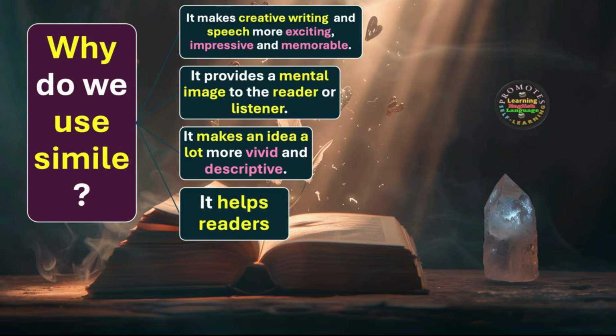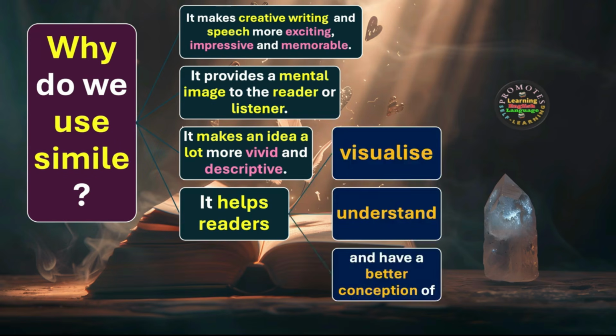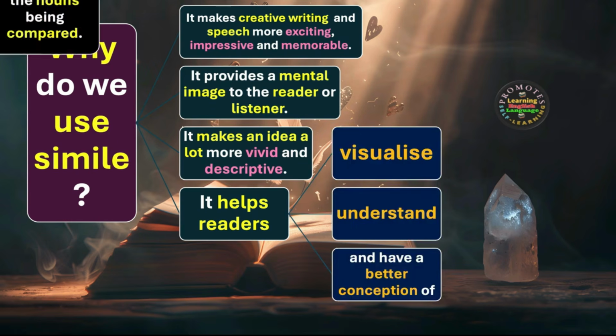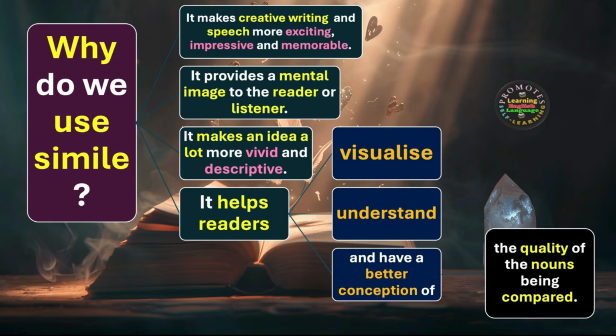It helps readers visualize, understand, and have a better conception of the quality of the nouns being compared. So these are some of the most important reasons why we use simile. The use of simile makes our speech, our writing, our ideas more impressive, expressive, ornamental, and beautiful.